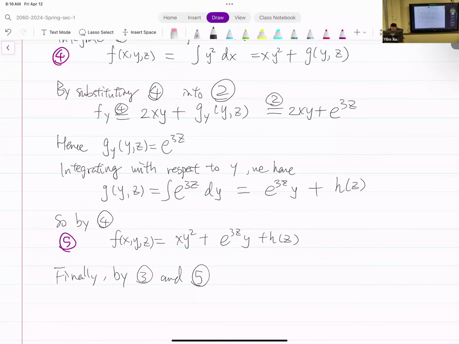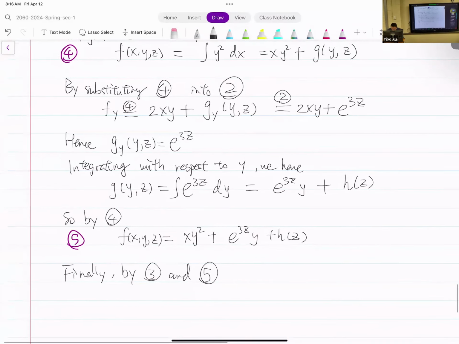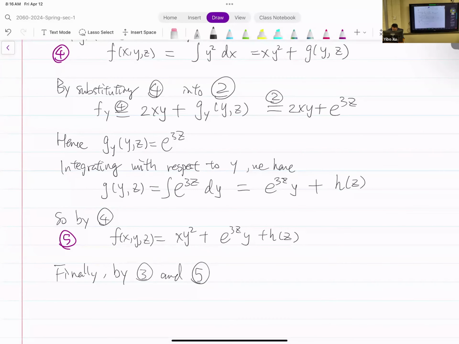Equation 3 tells you to do the partial derivative in z, and you will get another partial derivative, right? So we just do that. So f sub z of x, y, z. Now you do the partial derivative in z for equation 5. x y squared is a constant, that gives you 0.